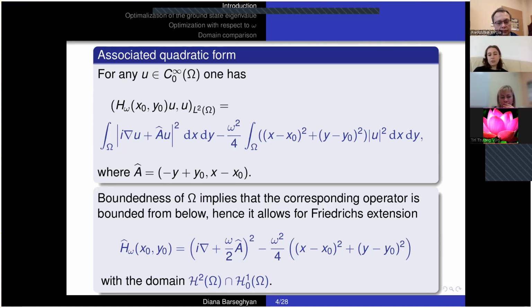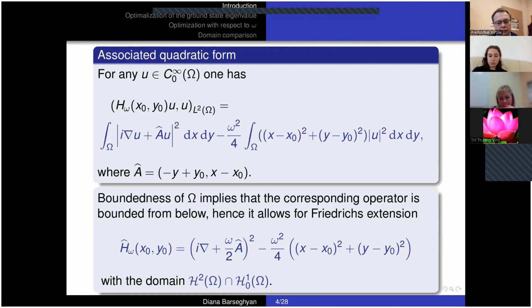The extension is constructed using the so-called Friedrichs method. The resulting operator is called the Friedrichs extension, and is written as the last equation, H omega hat x0, y0.